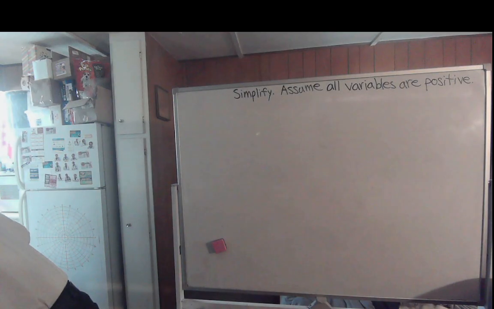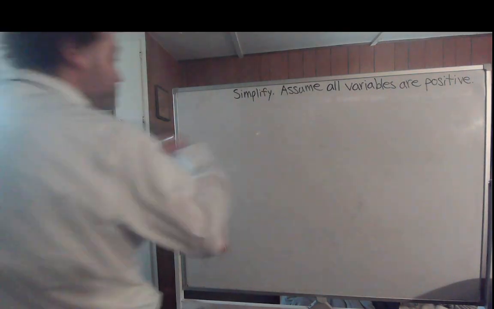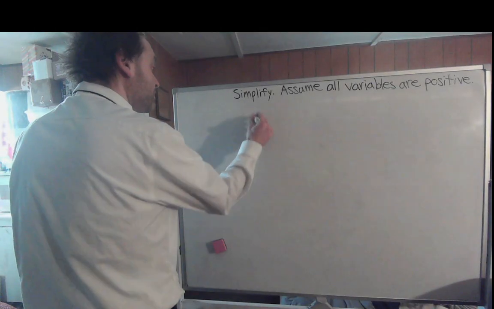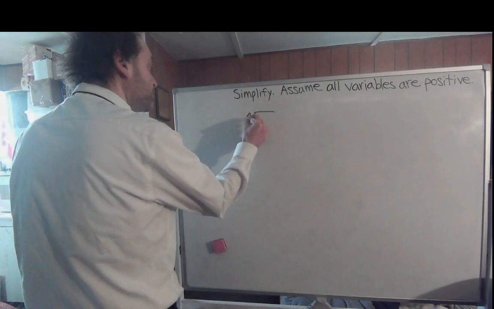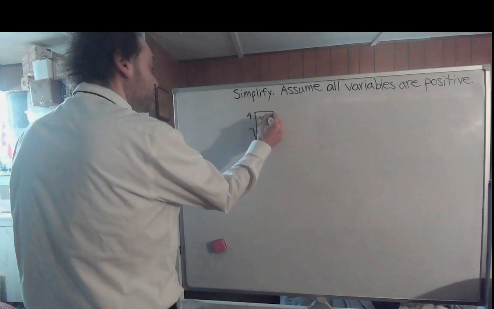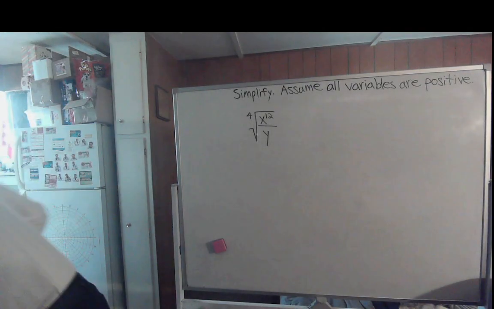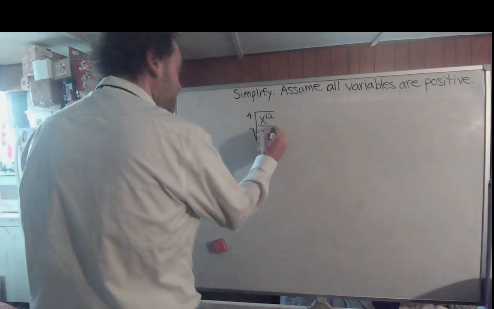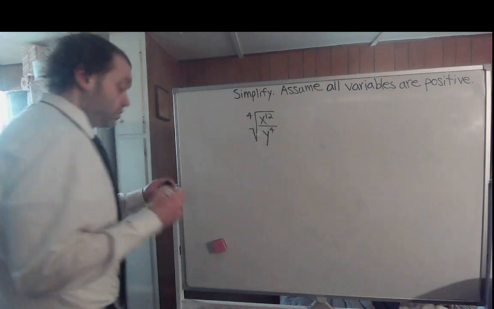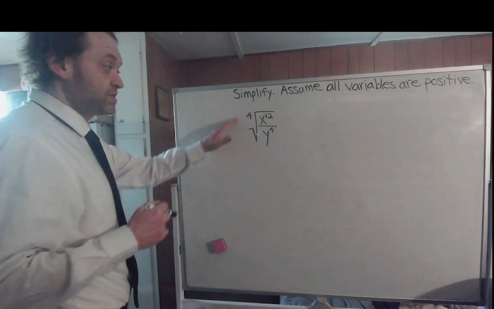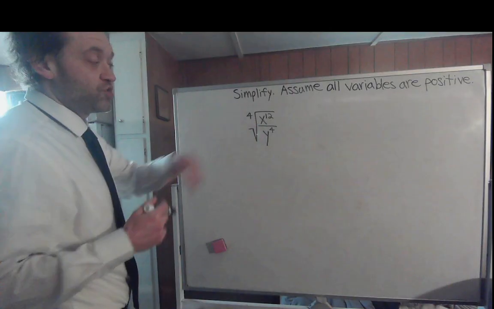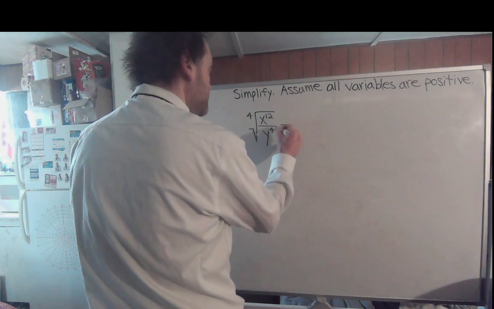Now, what if I threw something like this at you? The fourth root of x to the 12th over y to the fourth. Well, whenever you have roots again and you have a fraction inside the root, you can split them up into separate roots.